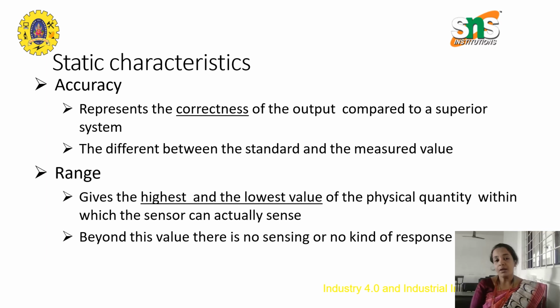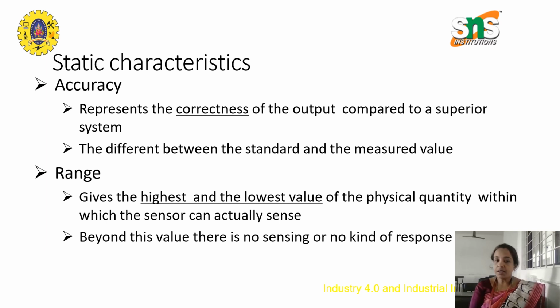For example, if the temperature of a human body is 98.4, which is a standard value, and a person is having fever with a temperature of 100, then 100 minus 98.4 is nothing but the accuracy. That difference is nothing but the accuracy.